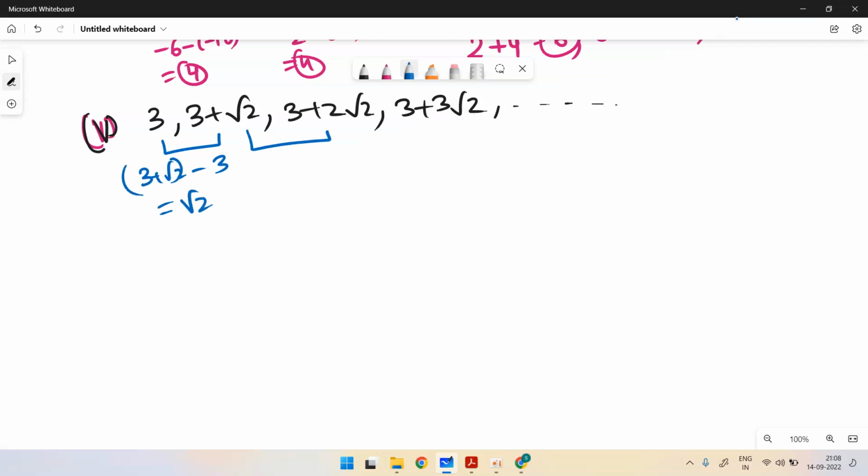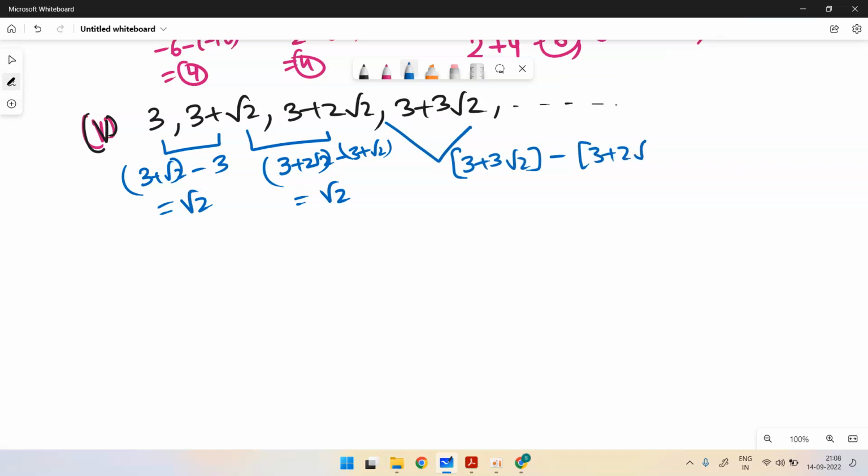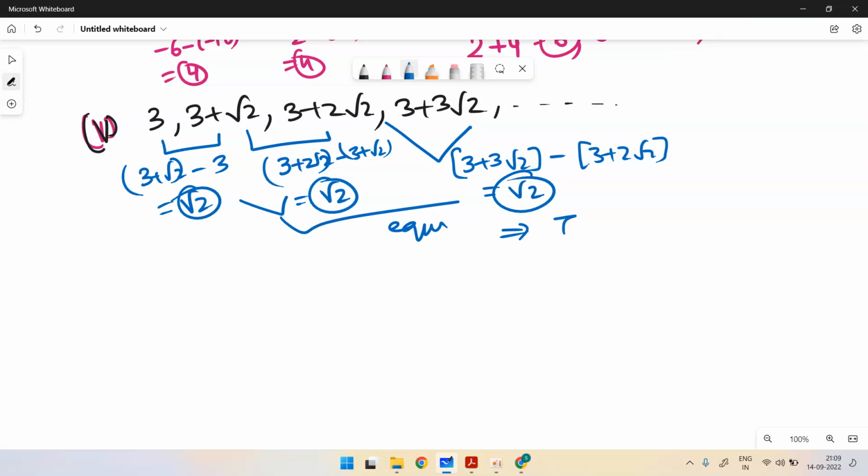Then 3 plus 2 root 2 minus 3 plus root 2 also gives root 2, and 3 plus 3 root 2 minus 3 plus 2 root 2 also gives root 2 as the common difference. Since the common difference of all three are equal, this series forms an arithmetic progression or AP.